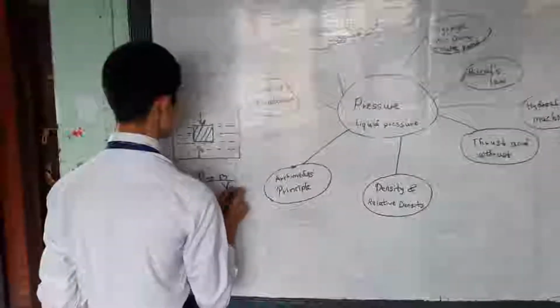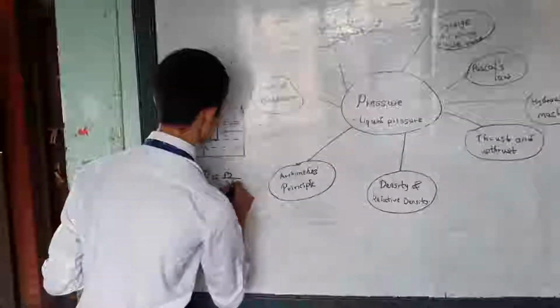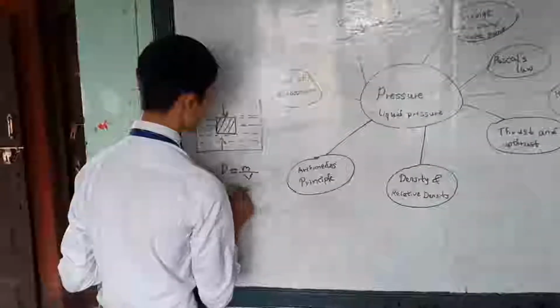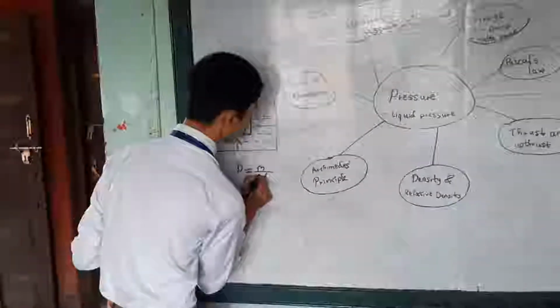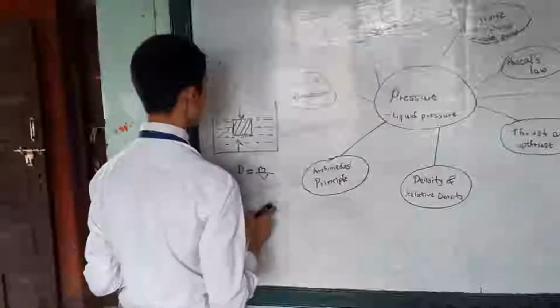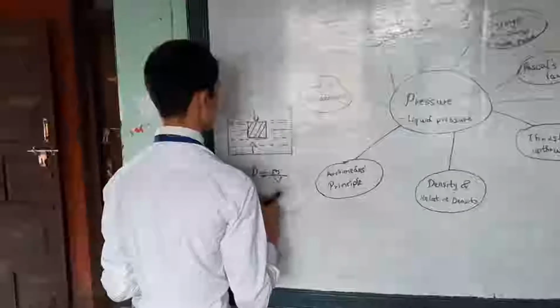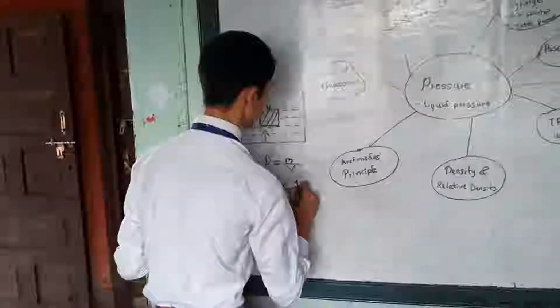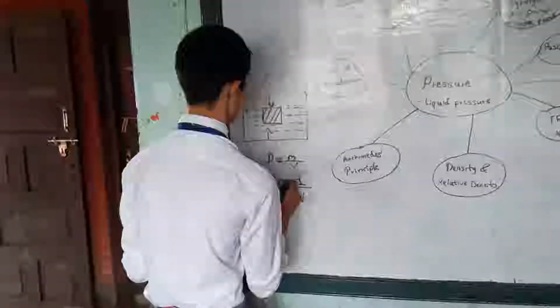When the volume is increased, the density of the substance decreases, and when the volume of the body is decreased, the density of the body increases. So we can say that density of the body is inversely proportional to volume of that body.